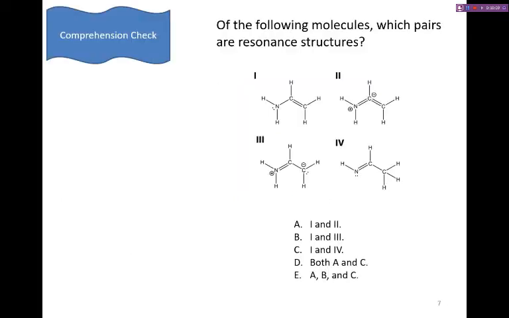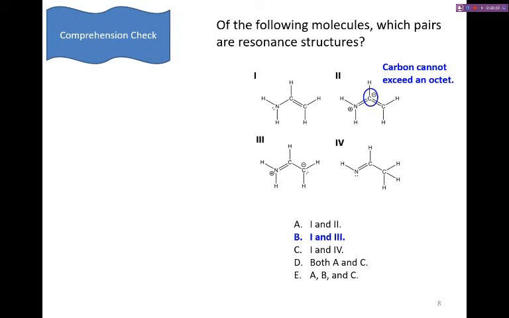So let's try a practice here. Of the following molecules, which are resonance structures? Well, the answer is 1 and 3. We've got a couple reasons for this. One is that in structure 2, we cannot exceed an octet.